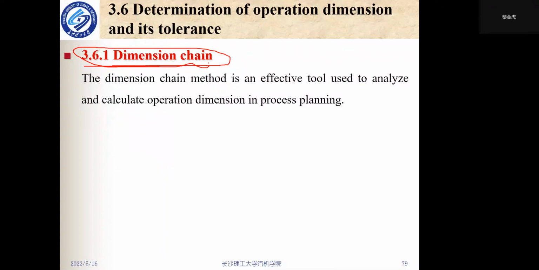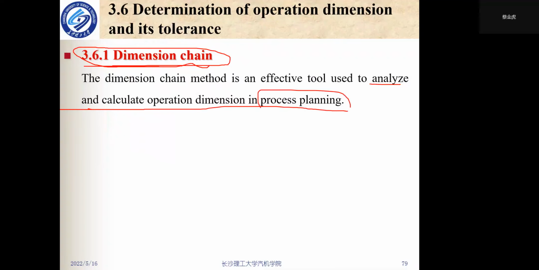To reveal the relationships of the related dimensions by means of dimension chain theory is very important for determining each operation dimension and its tolerance reasonably, and ensuring both machining and assembly quality. The dimension chain method is an effective tool used to analyze and calculate operation dimension in process planning.